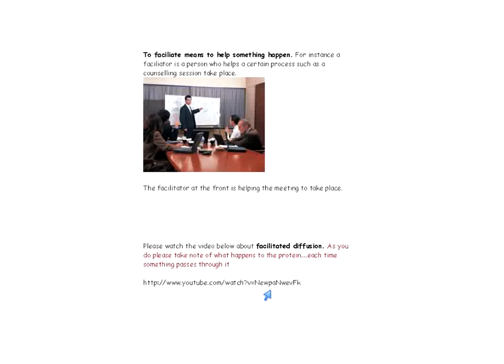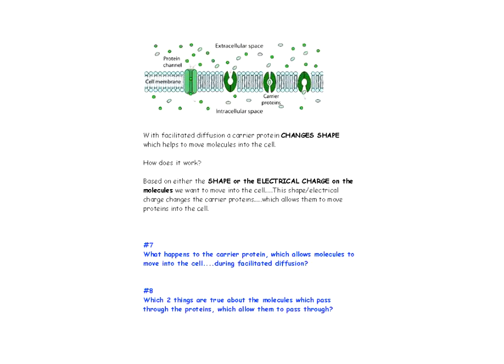Okay, good. So did you notice what happened to the protein every time something went through it? The thing is transferred from one side to the other, and the protein moved and changed its shape each time to let the thing pass through, right?